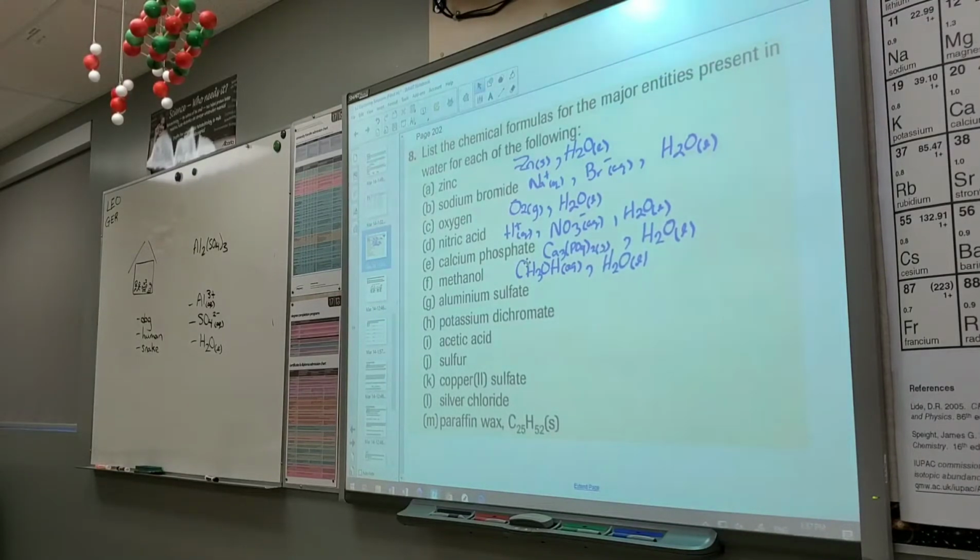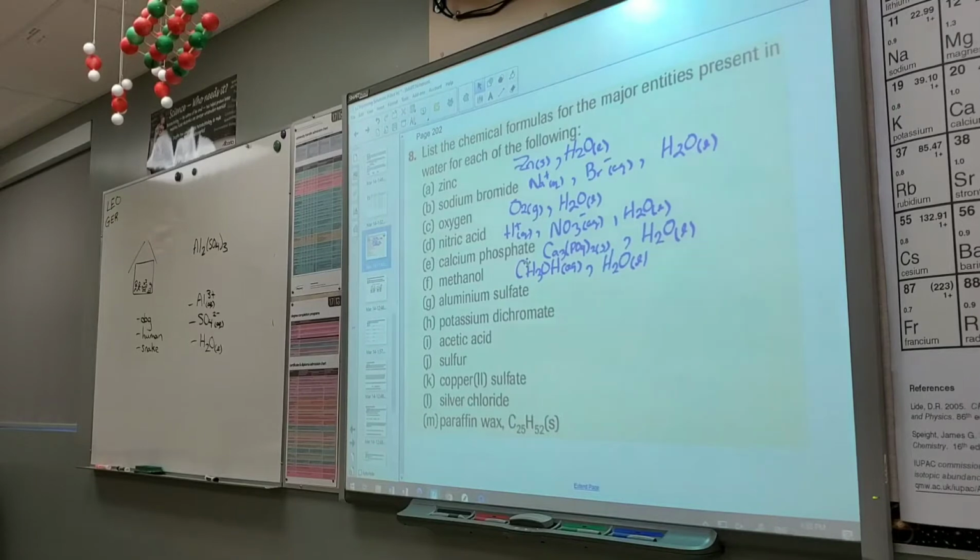Yeah, dichromate's not in there, right? Group 1 ion.